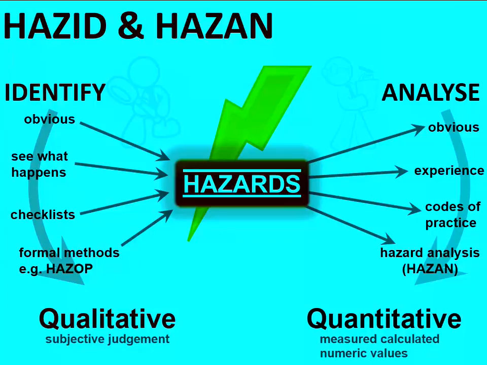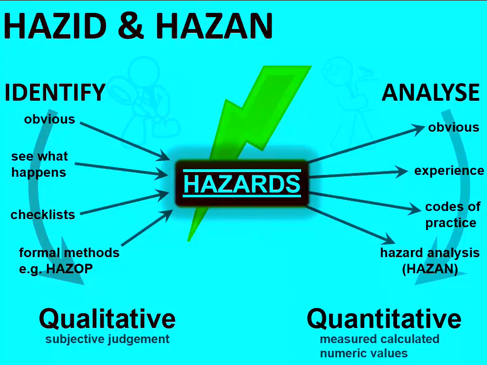Checklists, yeah, checklists are fine, but they can go out of date. And HAZOPs. So this is a qualitative method, so it counts on the experience of the engineers involved. And of course, the other end of that, once you've identified the hazards, you can then analyse them, which you'll be doing with the other lecturers on this module. And that's quantitative, and that's where your risk values come in.